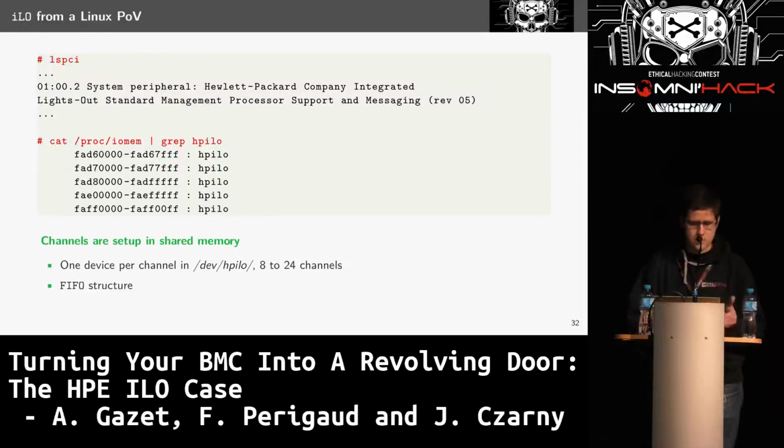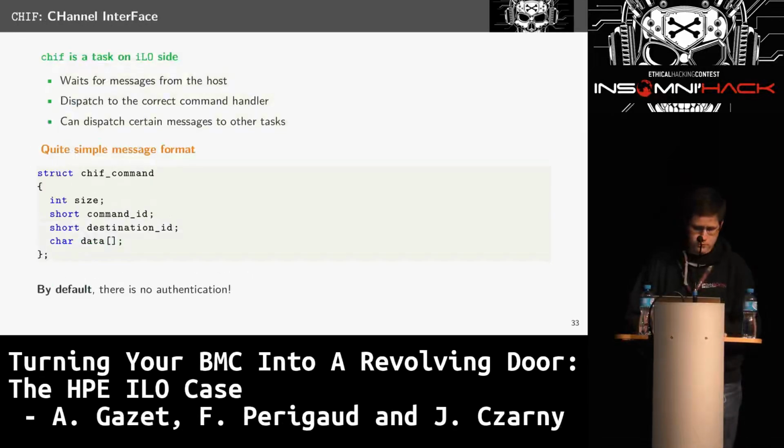In these shared memory segments, some communication channels are set up by the driver. There can be 8 to 24 channels, and each channel is exposed as a device in the /dev/hpilo file system. Each channel has a quite simple FIFO structure.